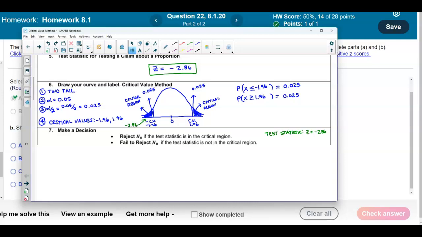That means we would reject the null hypothesis if the test statistic is in the critical region. And the test statistic is in the critical region. So we would say that the test statistic, negative 2.86, is in the critical region.